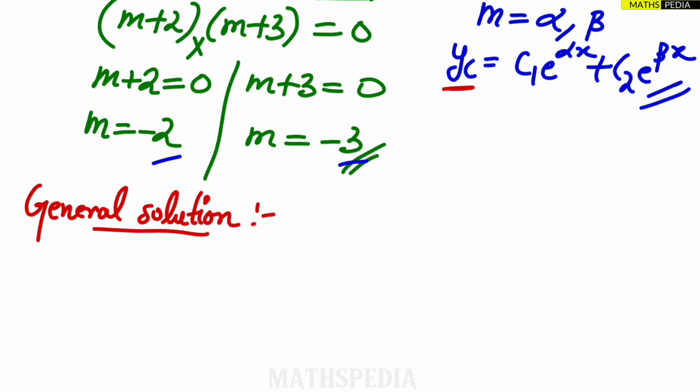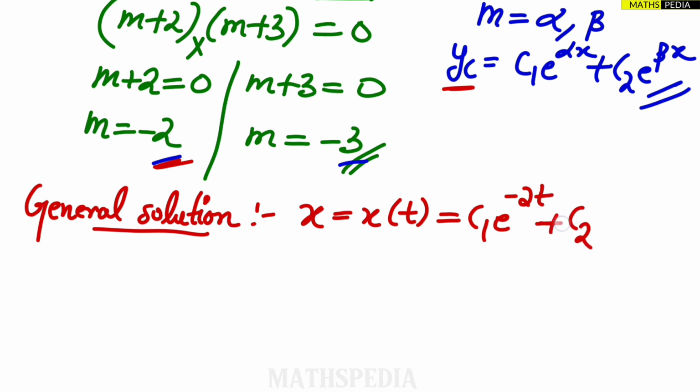So general solution you can write as x, which is equal to x of t, since we know that it is a function of t. Now here x of t will become c1 e power what? Alpha means we can take the first root, which is minus 2. You have to put it as not x here, it is t, plus c2 into e power minus 3t. This is important, very very important, because x is a function of t.